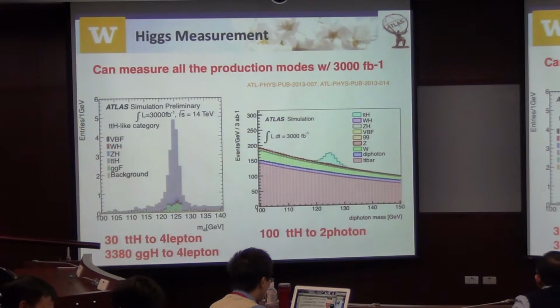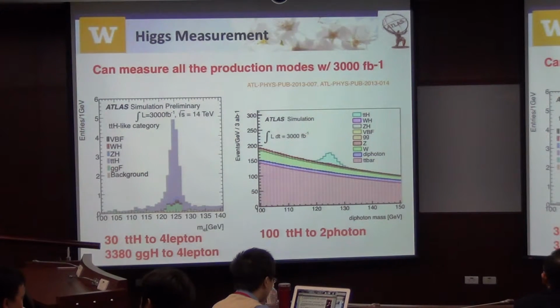So assume that we accumulate 3,000 fb^-1 of data. We're probably talking about 20 years from now, right? So what can you see 20 years from now? For example, consider the ttbar Higgs coupling.